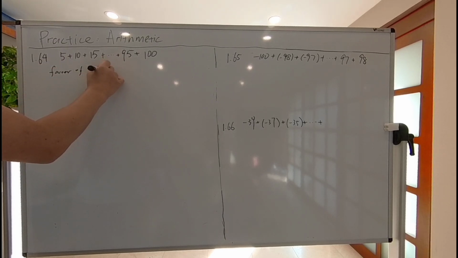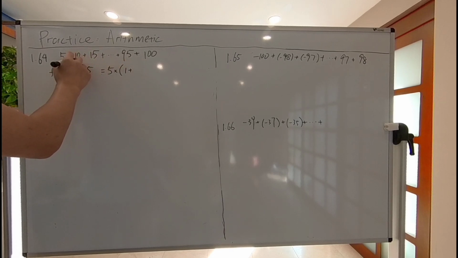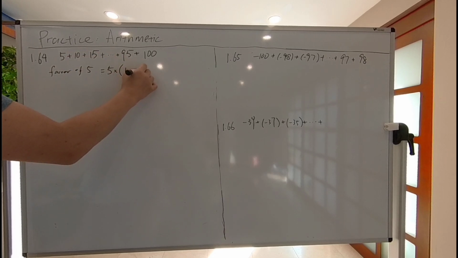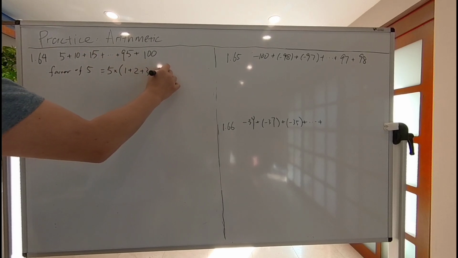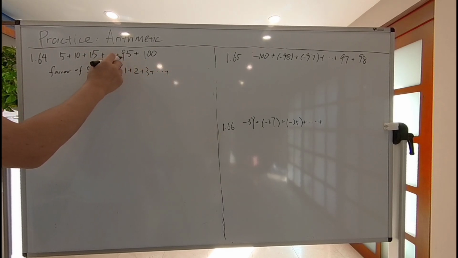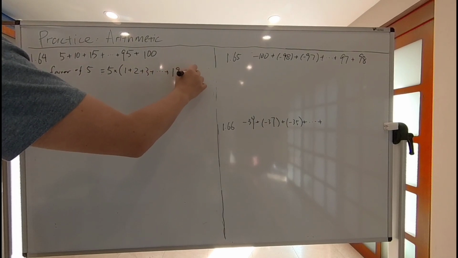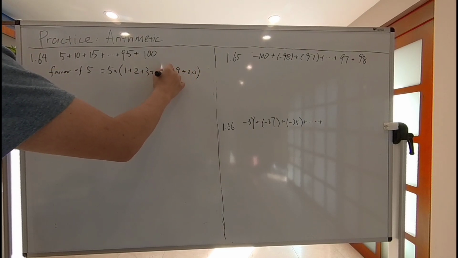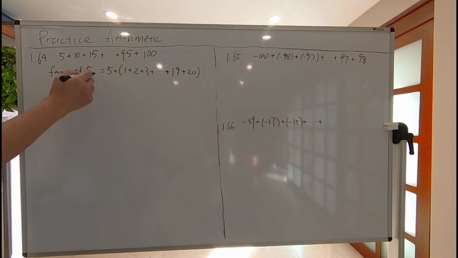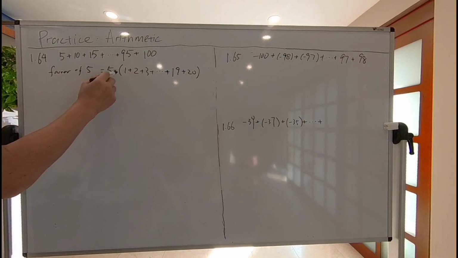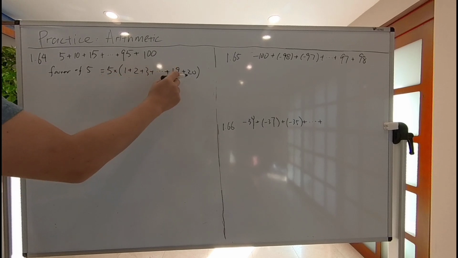So then it's equal to 5 times 1 plus, 10 divided by 5 is 2, 15 divided by 5 is 3, until 95 divided by 5 is 19, then the last one, 100 divided by 5 is 20. So I can simplify this expression into 5 times the summation of 1 plus 2 up to 20, right?